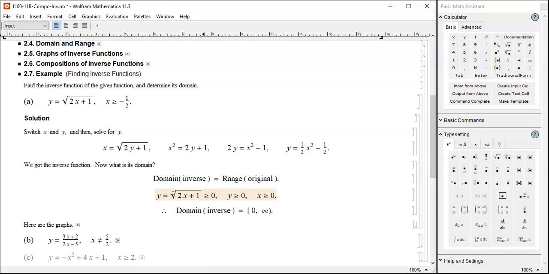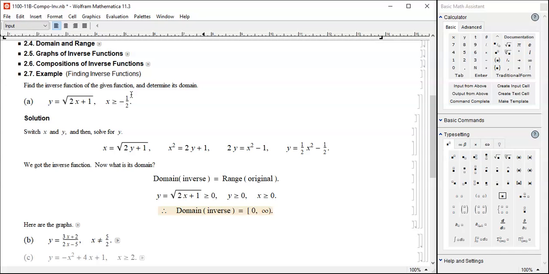Y equals the square root of 2x plus 1 is a square root function, so it's clearly greater than or equal to 0. So we have this, y is greater than or equal to 0. Now if I switch x and y, x is greater than or equal to 0. So here we go. That's the domain of the inverse function, from 0 to positive infinity.